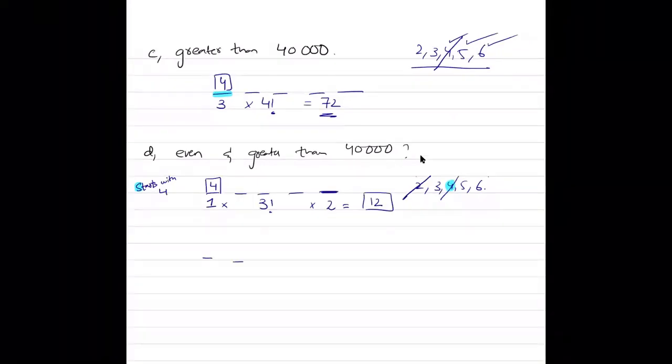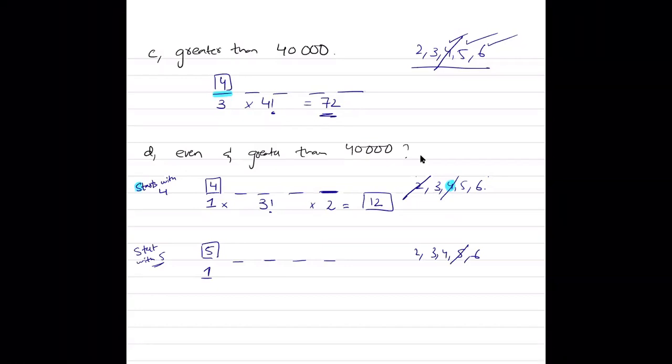Now I want the same 5-digit number to start with 5. So if I want the number to start with 5, I only have one option for the first place. But I want the number to be even as well. So 5 is gone.